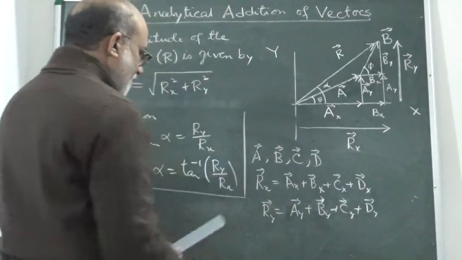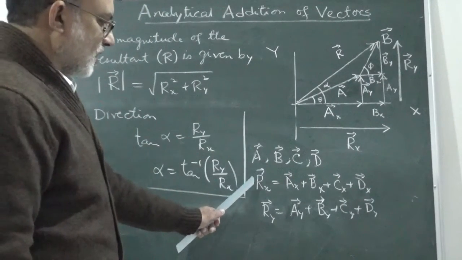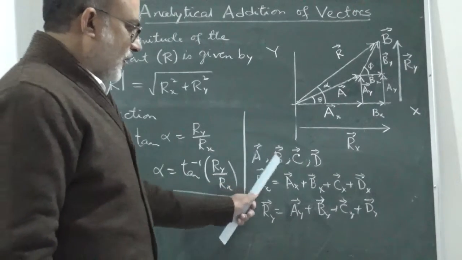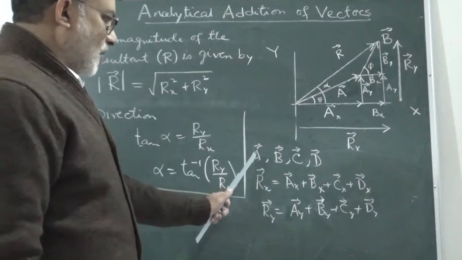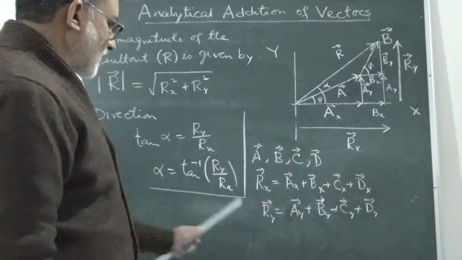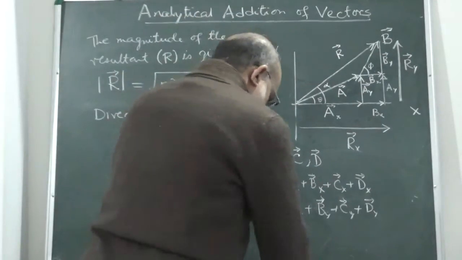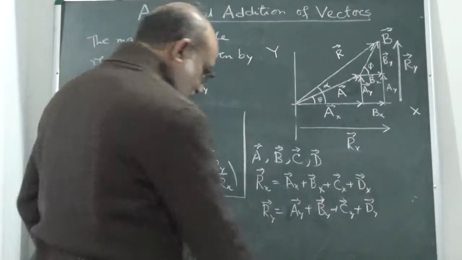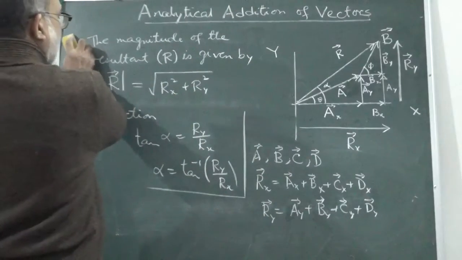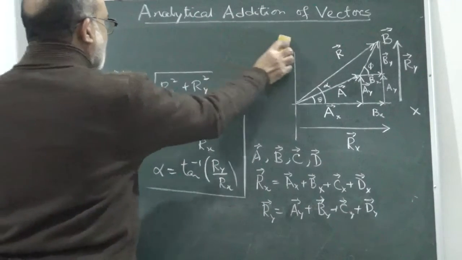Using the square of these and this formula, we will get the magnitude of the sum of the vectors A, B, C, D, and the direction is given by Ry by Rx. Now let's solve one of the problems and compare geometrical addition and analytical addition.